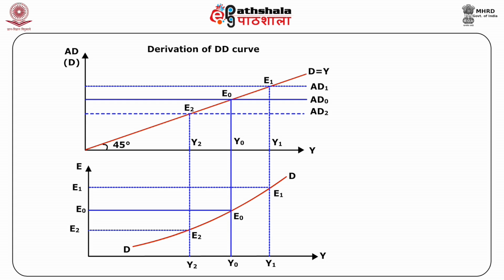Hence, the curve we get is the DD curve, which shows all the combinations of output and exchange rates at which goods market is in equilibrium in the short run. Note that this curve is plotted assuming that domestic and foreign price levels are given and Marshall-Lerner condition holds.